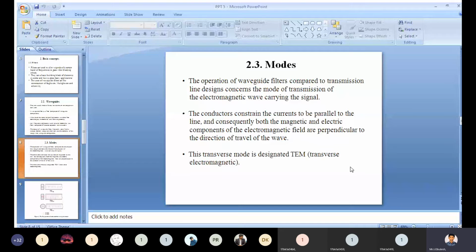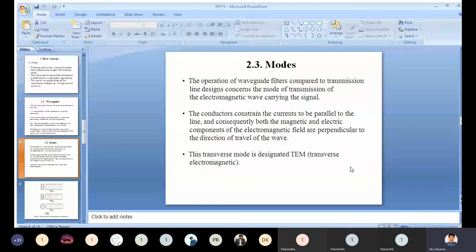Waveguide modes are designated either TE or TM, you know it from the last topic. The modes are designated either TE or TM, not both, followed by a pair of suffixes identifying the precise mode.